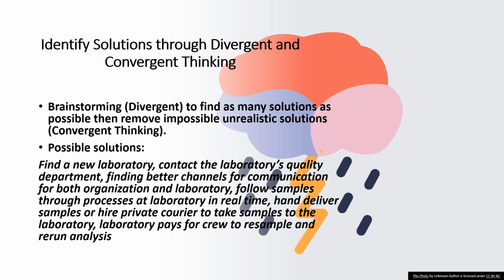Possible solutions: find a new laboratory, contact the laboratory's quality department, find better channels for communication for both my organization and the laboratory, follow samples through processes at the laboratory in real time, hand deliver samples or hire a private courier to take samples to the laboratory, and have the laboratory pay for a crew to resample and rerun analysis.